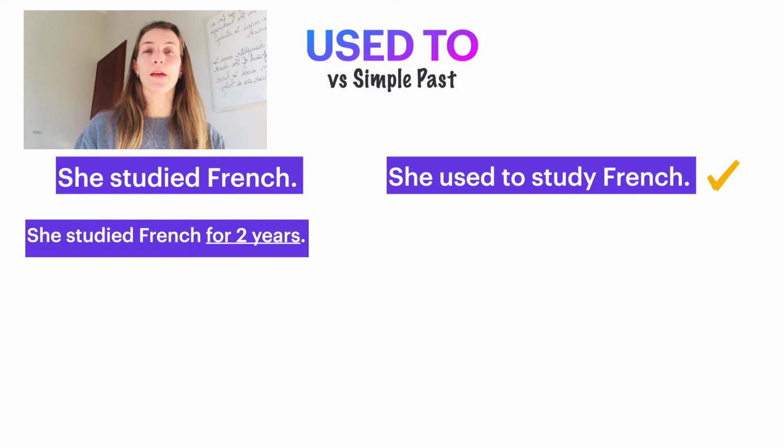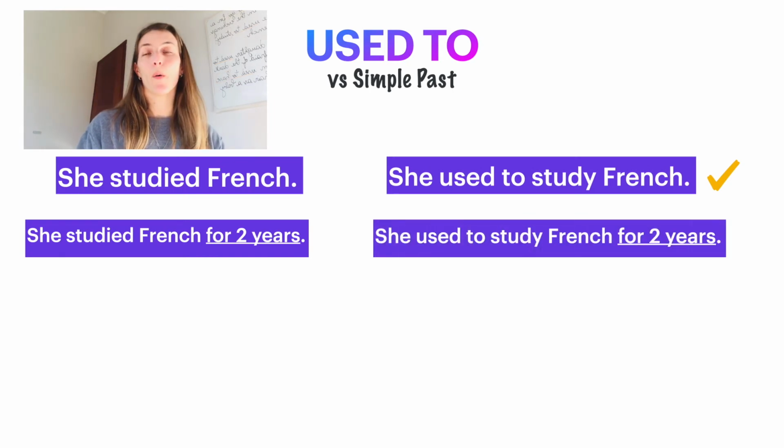Okay, let's see a similar example. She studied French for 2 years. That's okay, simple past. Ella estudió francés por 2 años o durante 2 años. Está perfecto, dicho así, en el pasado. Now, if I say, she used to study French for 2 years, that doesn't sound very good. No está bien. ¿Por qué?